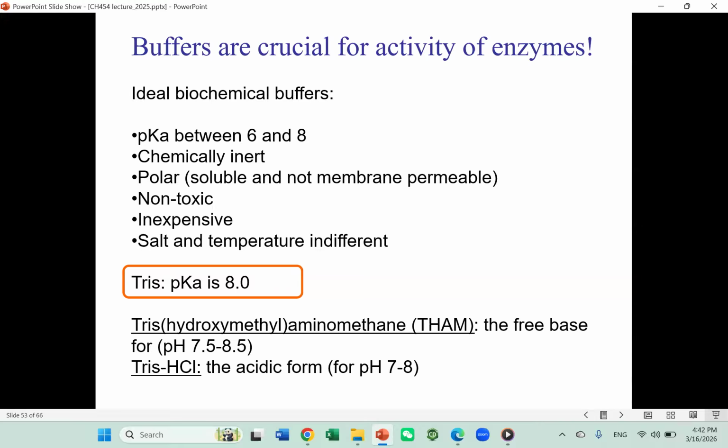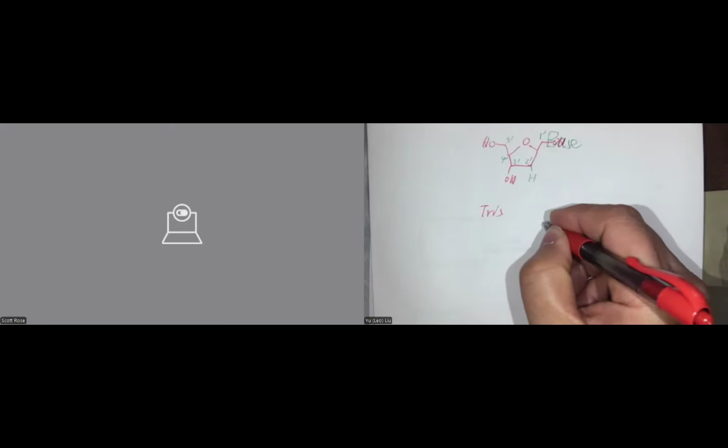So let me see. Probably I need to show you the structure, because that's pretty important. Remember the name: tris hydroxymethyl aminomethane. If you took my organic chemistry, you should know that when we draw the structure based on the name, we work backward. First, we draw the methane.